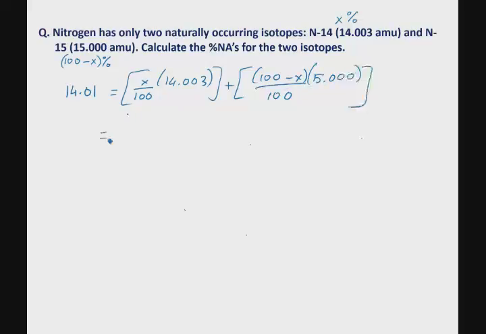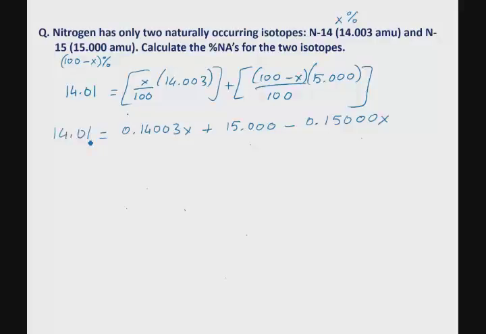If we simplify this and do the distribution, we come up with 0.14003x plus 15.000 minus 0.15000x. And all of this is equal to, of course, 14.01 from the periodic table.